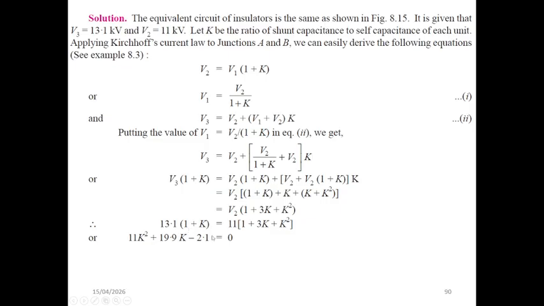So this is providing the solution, and this equation can be solved to find the value of K, and this process highlights how circuit analysis techniques can be effectively used to quantify the impact of shunt capacitor on voltage distribution in insulator strings.